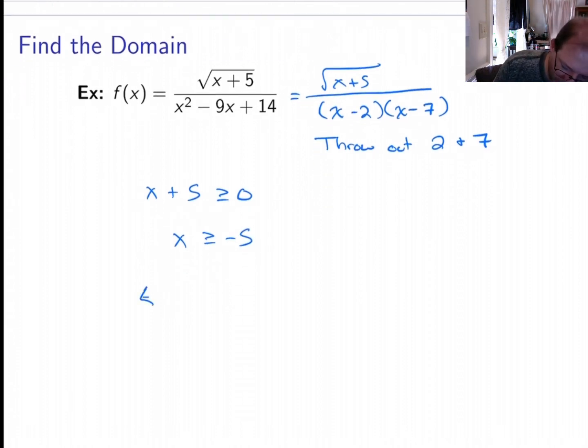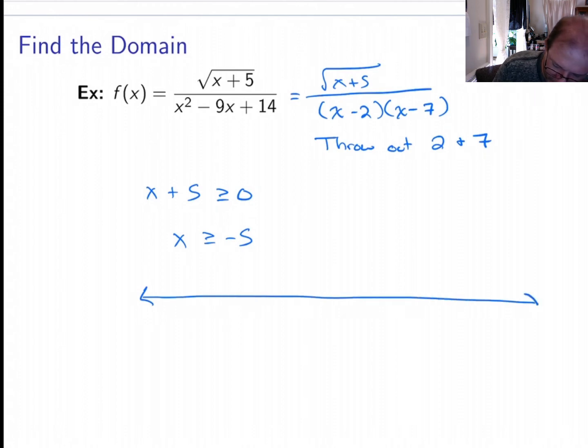So I'm going to draw this all on my number line. Now, don't put anything on the number line that you don't need. The only numbers I'm going to put on here are 2, 7, and negative 5. So here's negative 5, here's 2, and here's 7. x has to be greater than or equal to this, but it can't be equal to 2 or 7.